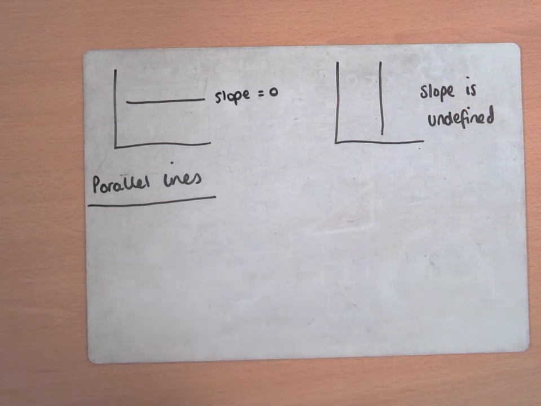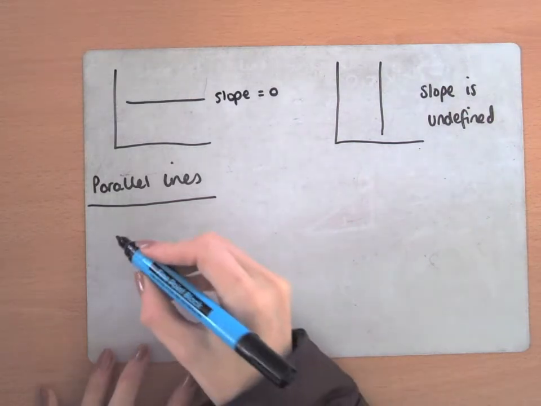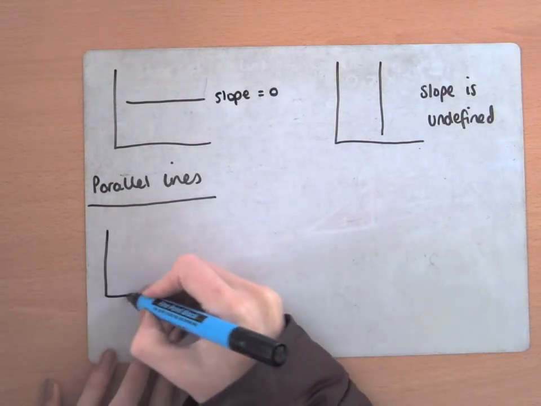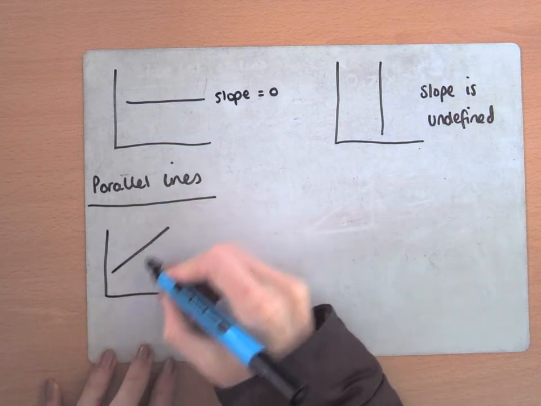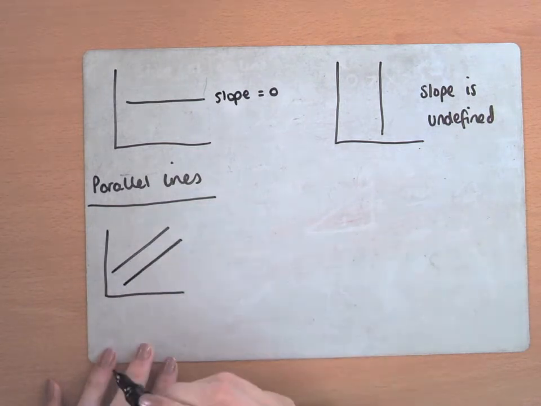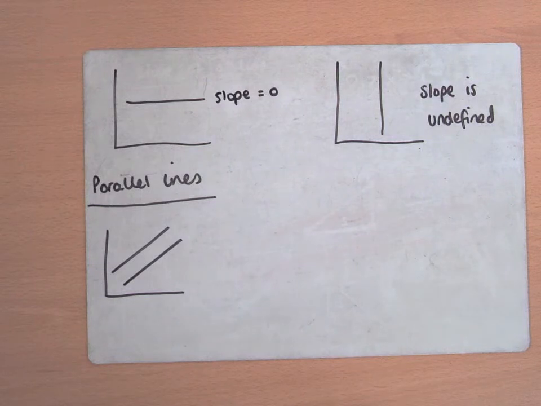Parallel lines. Parallel lines, something like that, aren't they? What do you know about parallel lines? They never meet. Okay. What else? What do you compare them to in primary school? Train tracks. They never meet.